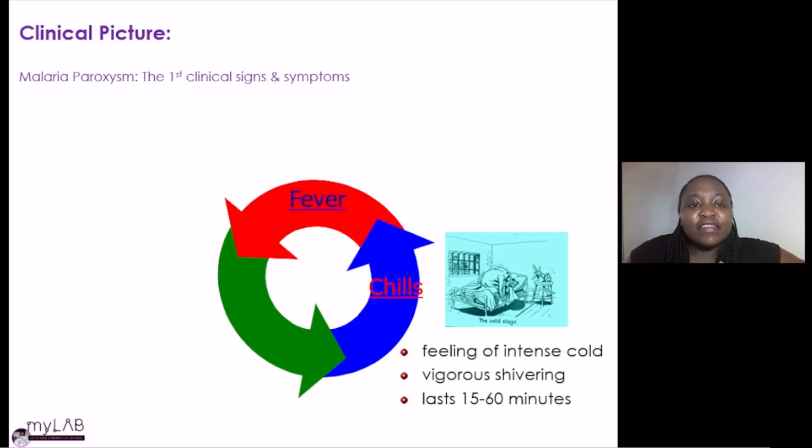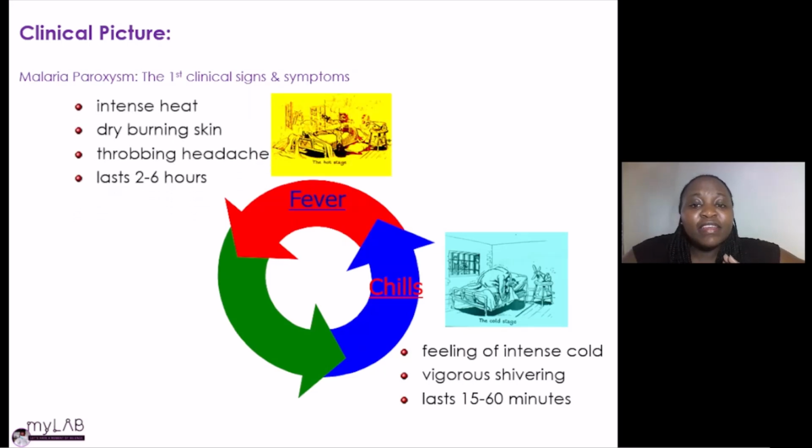And this phase is going to be followed by fever, and the fever stage is characterized by intense heat, dry burning skin, throbbing headache, and this one will last about 2 to 6 hours.